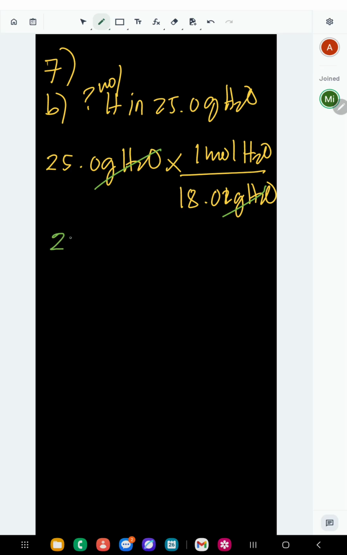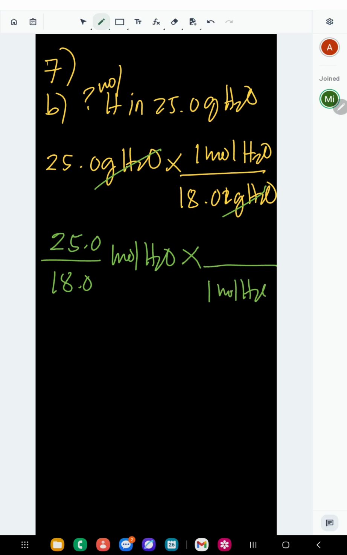So that is 25.0 over 18, this is mole water. Then we convert to mole hydrogen, so we multiply by the ratio. 1 mole water is 2 moles hydrogen. Okay, let's calculate this. What is 25 divided by 18 times 2?